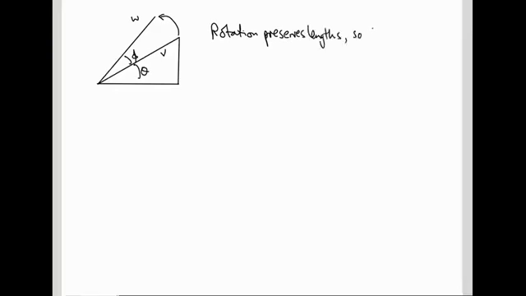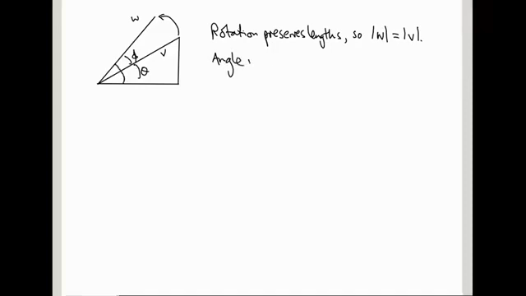The length of w is the same as the length of v. And we also know how the angle has changed: it has gone from theta to theta plus phi.